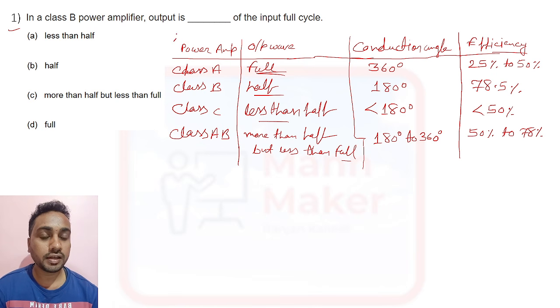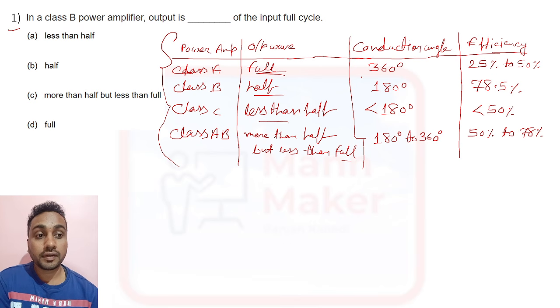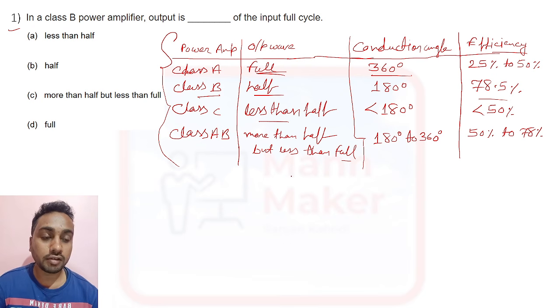So whatever is there in this table, they may ask any kind of question. Like in class A, what is the conduction angle? It is 360 degrees. What is the efficiency of a class B amplifier? It is 78.5%. Like that they will make questions. Whatever I am going to explain, you need to note down, because questions will come from that also.